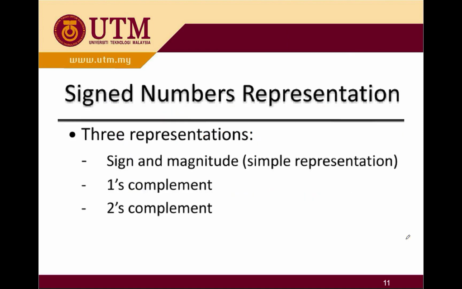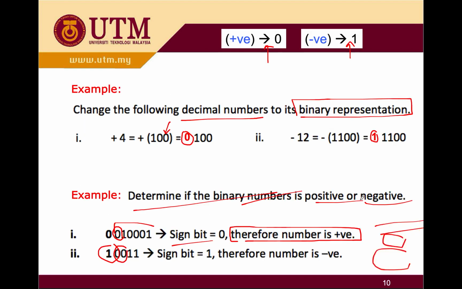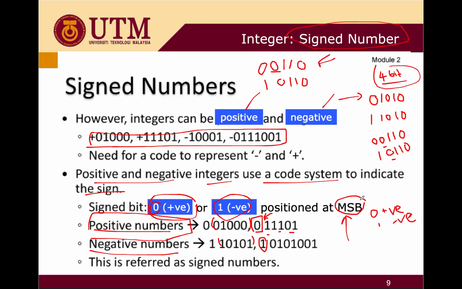Here is where you are going to feel a bit confused, because in the sign number representation you just need to put 0 or 1 in front of the binary number to state whether it is positive or negative.